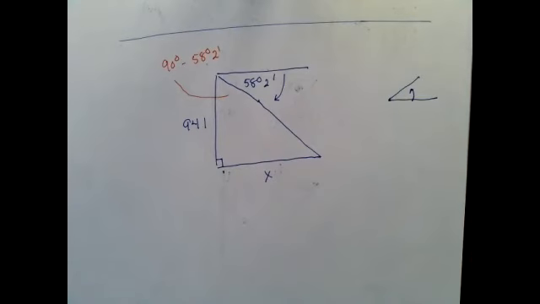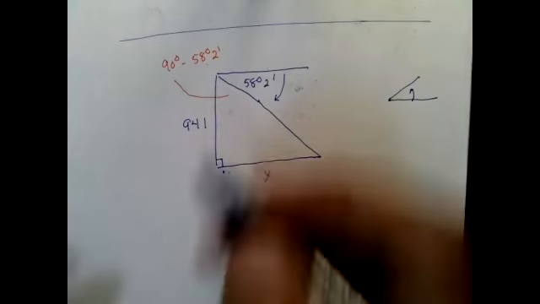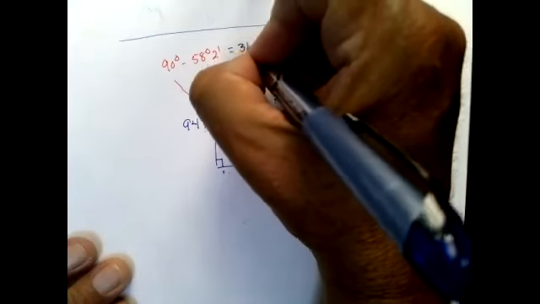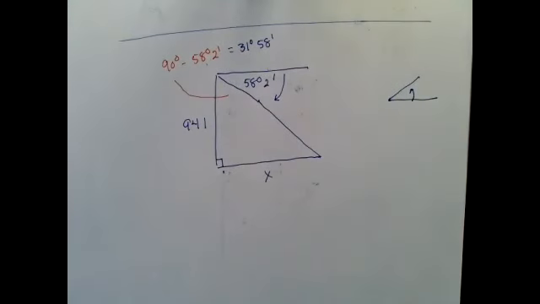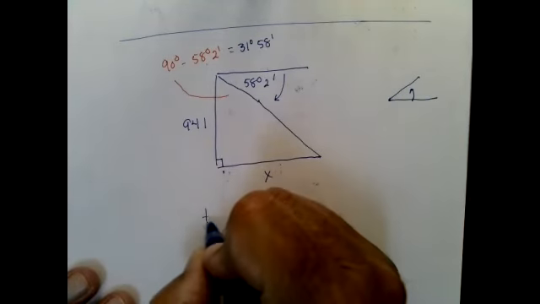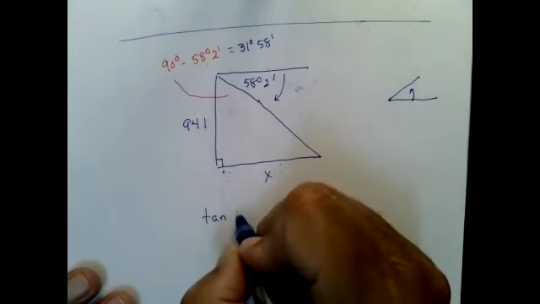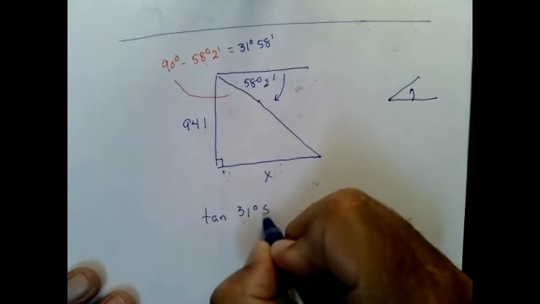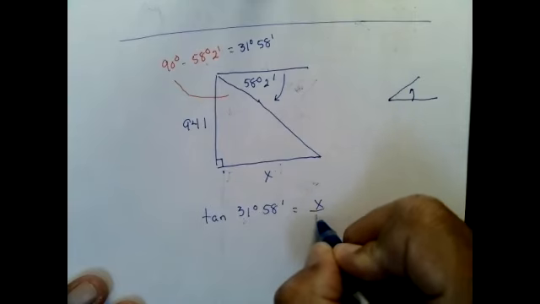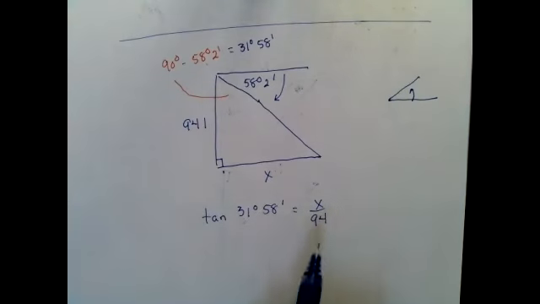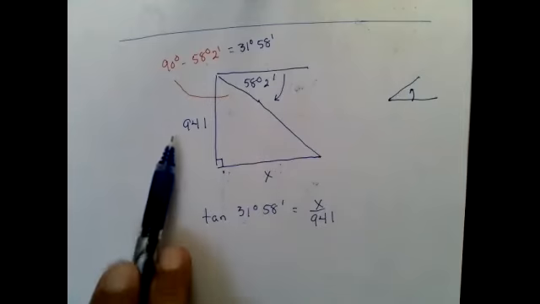Okay, got it. So this really becomes what, like 31 degrees, 58 minutes. And you say something along the lines of tangent of 31 degrees, 58 minutes equals x over 941. 941, because it's the tangent, is opposite over adjacent.